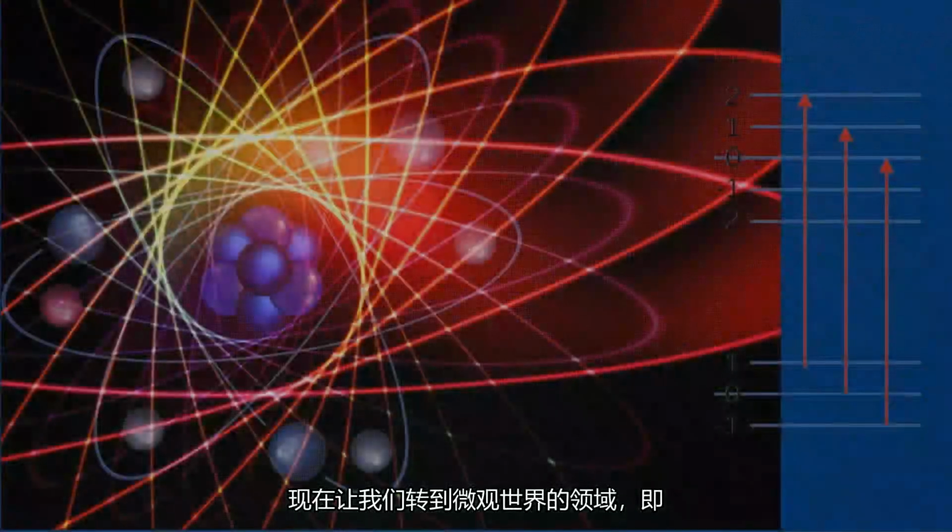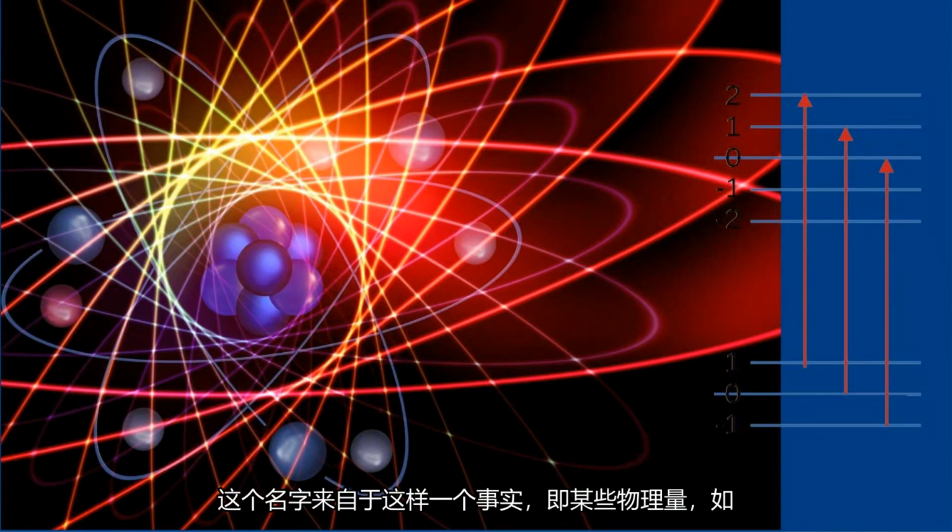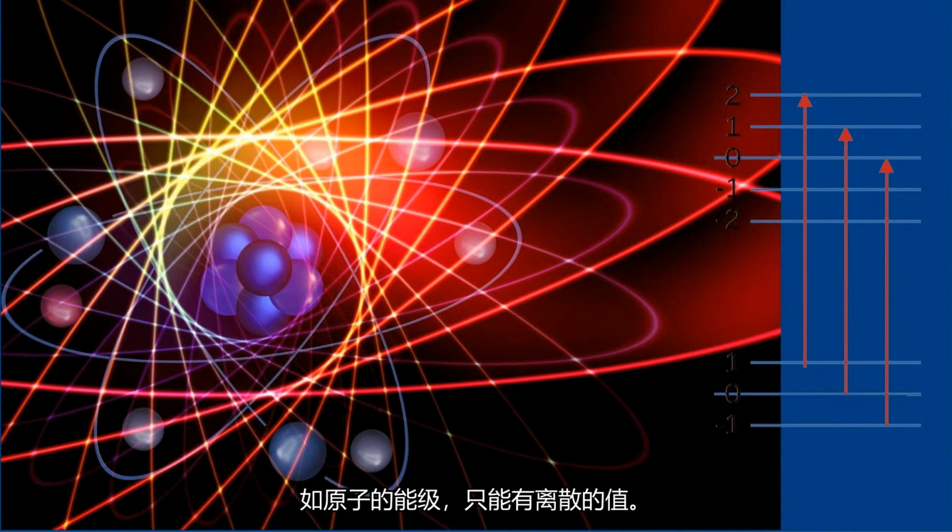Let's now move on to the area of the microcosm, which is also referred to as the quantum area. The name comes from the fact that certain physical quantities, such as the energy levels in atoms, can only have discrete values. That means, they are quantized. The original quantum mechanics does not contain aspects of the theory of relativity.